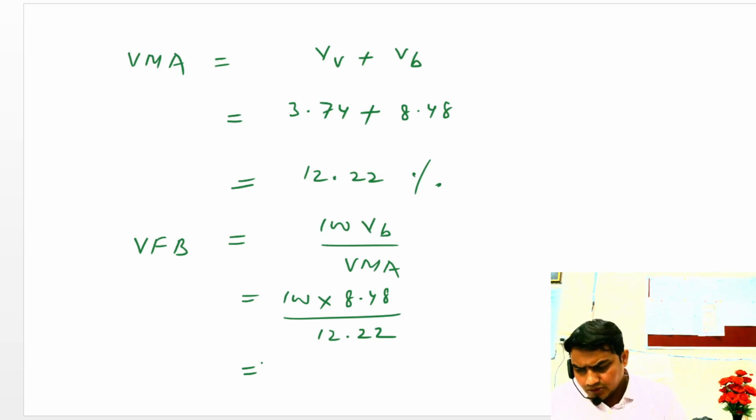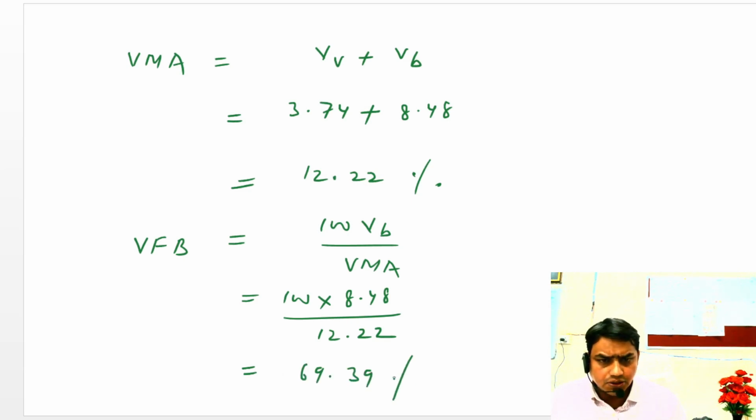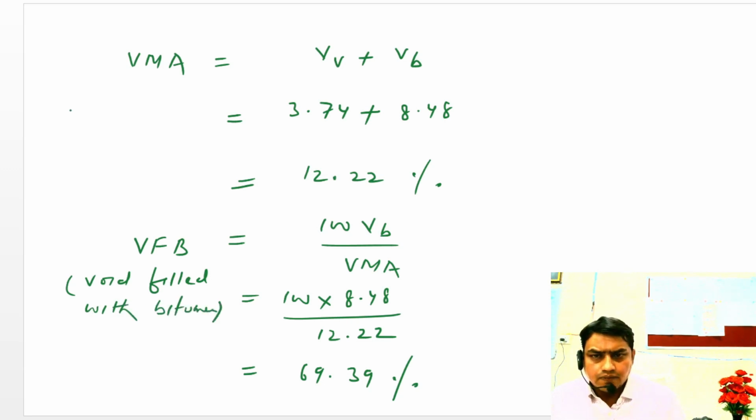So this value is coming 69.39 percentage, is the void filled with bitumen. This is void mineral aggregate.